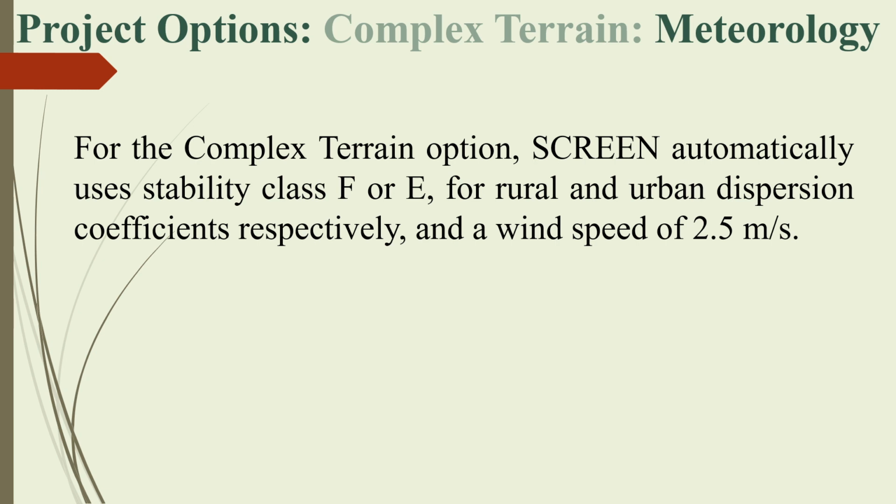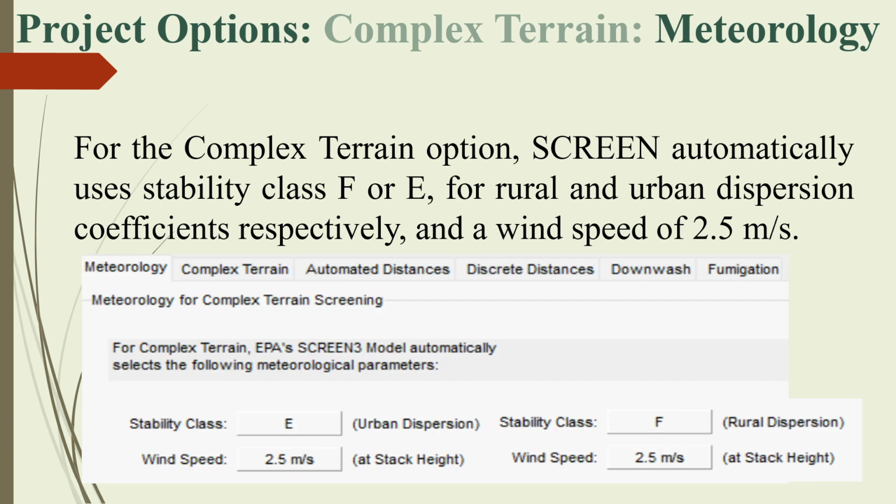So in the complex terrain, if the urban dispersion coefficient is selected, then the stability class will be E, and the wind speed is 2.5 meters per second at stack height, and if the dispersion coefficient is rural, then the stability class will be F, and the wind speed is the same. So this is the meteorology for the complex terrain.